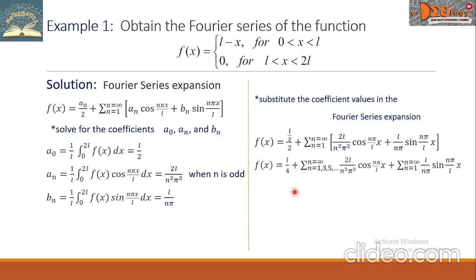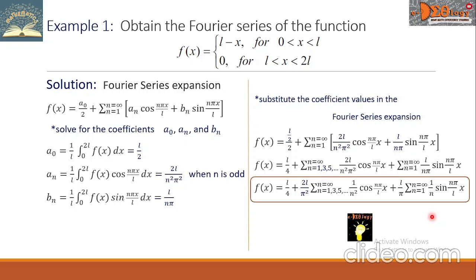We can simplify further by moving the constant terms in front of the summation symbol. For the first summation here, the constant is 2L over pi square, and what remains here is 1 over n square. For the second summation, the constant is the L over pi. What remains here is the 1 over n. This is now the final answer.